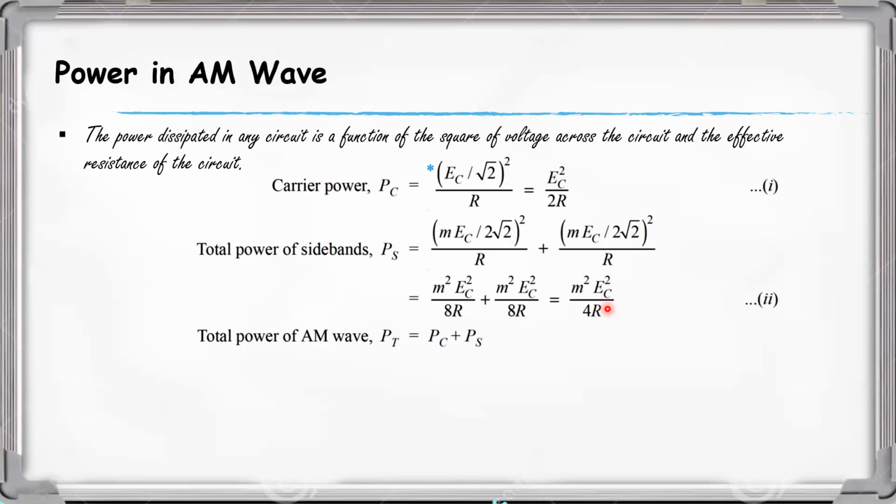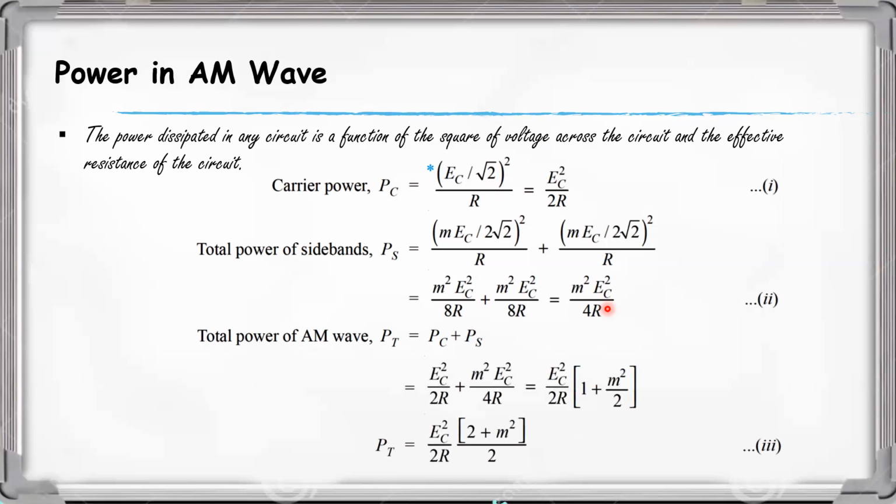Then the total power of the AM wave must be equal to the sum of carrier power and the total of the sideband power, that is PC plus PS. The total power can be the sum of these two values, EC square divided by 2R plus M square EC square divided by 4R.